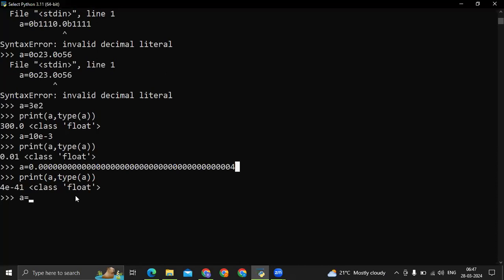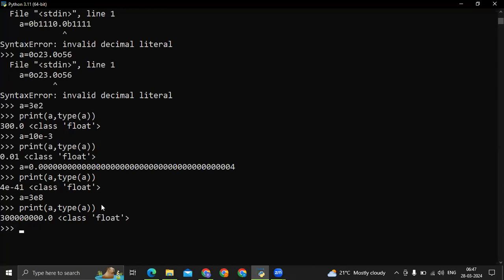Let's go ahead. Now I'm writing A is equal to 3E8. Print A, type of A. 8 values are added here: 1, 2, 3, 4, 5, 6, 7, 8.